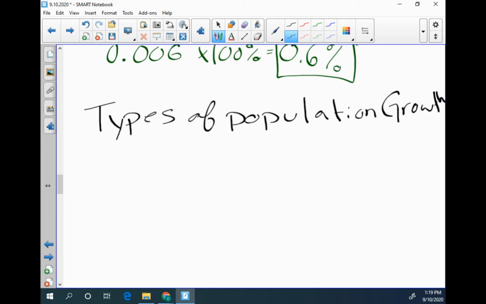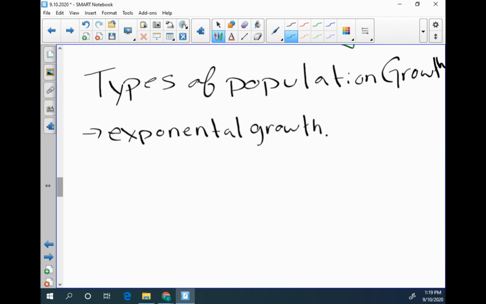Exponential growth is where our population grows at a fixed percentage each year. So it'd be like our 0.6% growth rate. If that was the same every year, if nothing changed and it was always that 0.6%, and it never, ever stopped, we would have exponential growth.